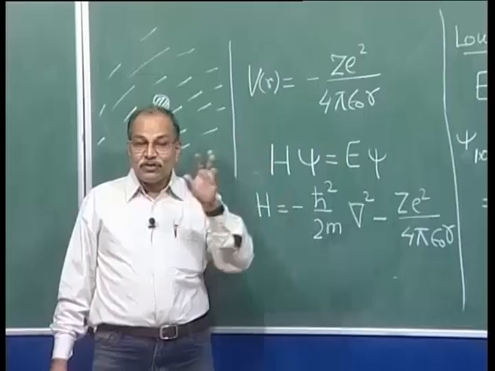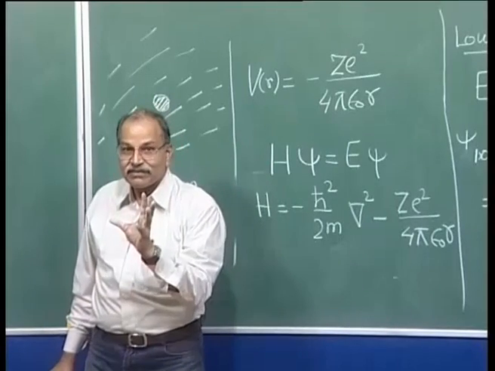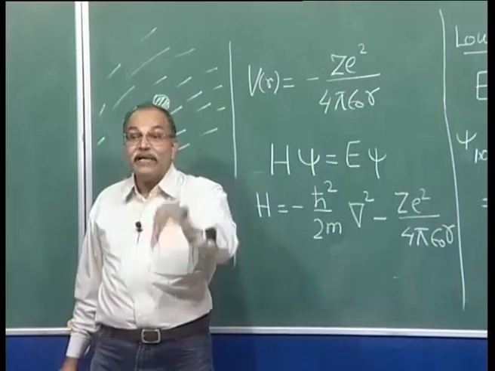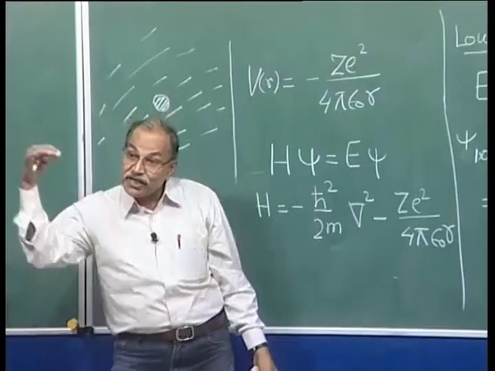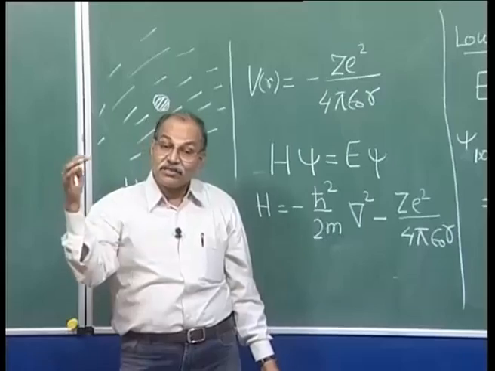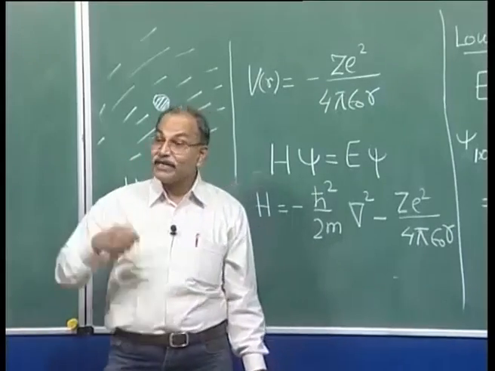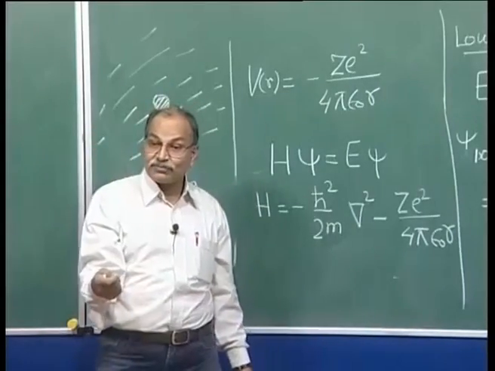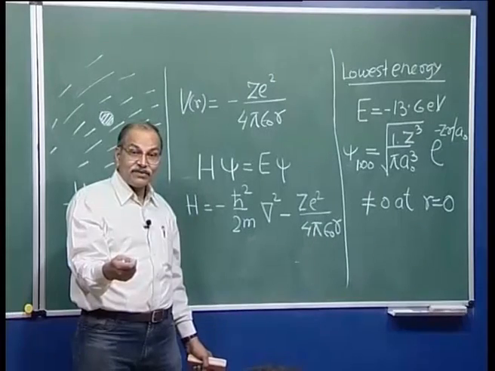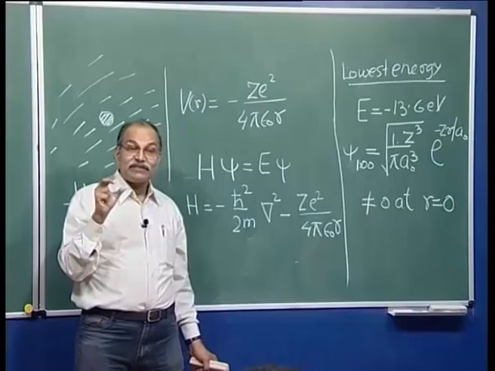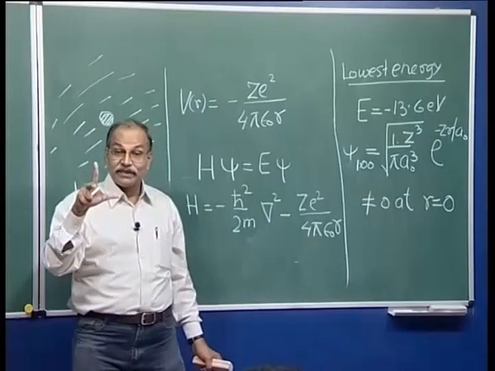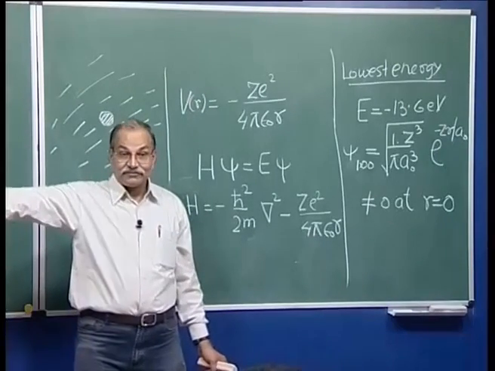But if the nucleus has a radius, if it is like a sphere and not a point, and the electron is going to r equal to 0, then whether it is a point, a small sphere or a big sphere is going to affect the energy.